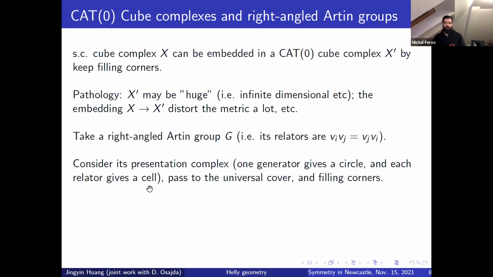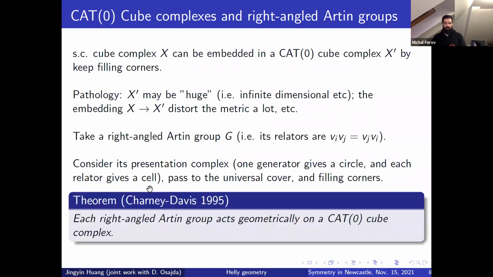Now that I have a cube complex, what I mean is that whenever you see the two skeleton of a 3-cube, I fill in a 3-cube. And whenever you see the three skeleton of a 4-cube, I fill in a 4-cube, and keep doing this. And then it's a nice observation by Charlie Davis that this procedure actually stops after finitely many steps.